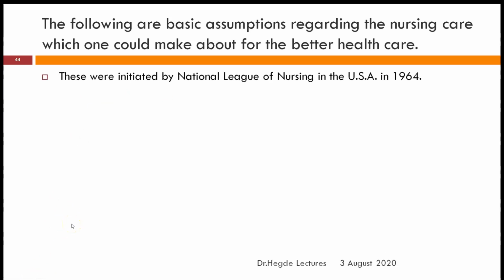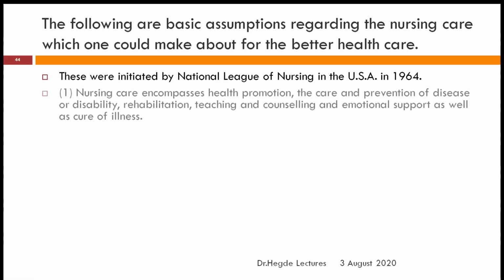These were initiated by the National League for Nursing in the USA in 1964. Nursing care encompasses health promotion, the care and prevention of disease or disability, rehabilitation, teaching and counseling, and emotional support, as well as the cure of illness.